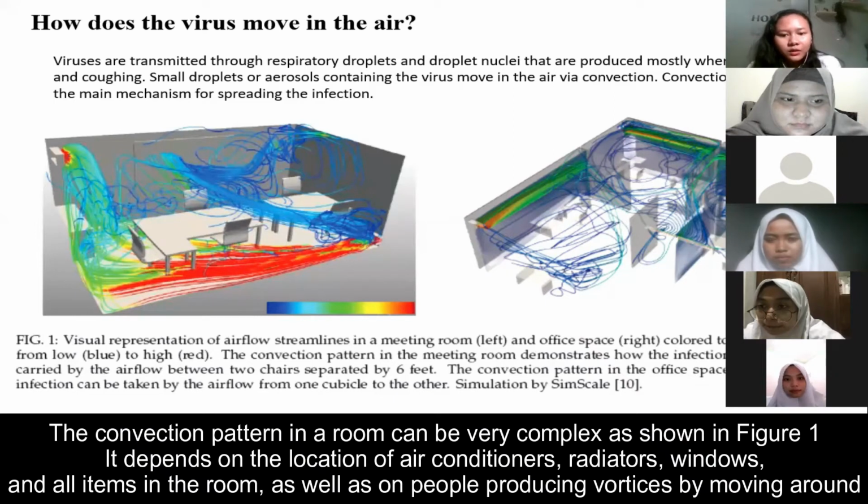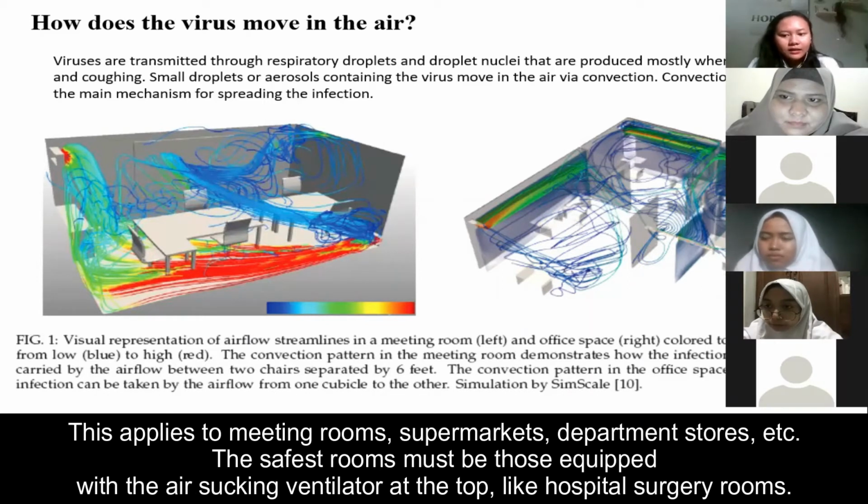It depends on the location of the air conditioners, radiators, windows, and all items in the room, as well as people producing vortices by moving around. This applies to meeting rooms, supermarkets, department stores, etc. The safest rooms must be those equipped with an air-sucking ventilator at the top, like hospital surgery rooms.